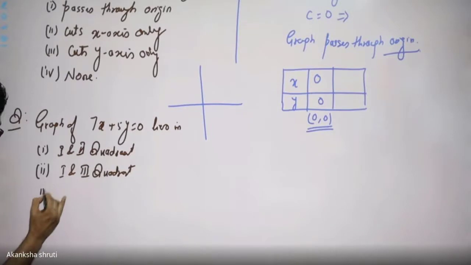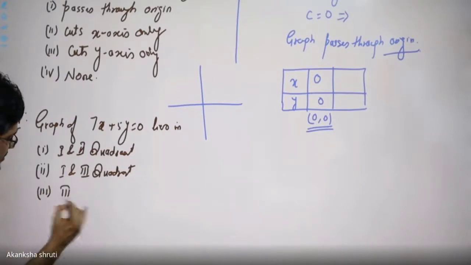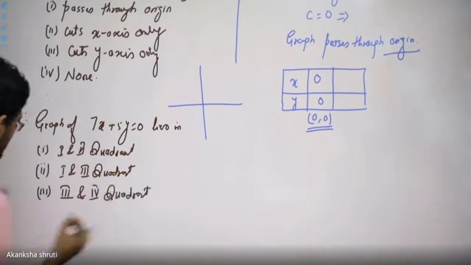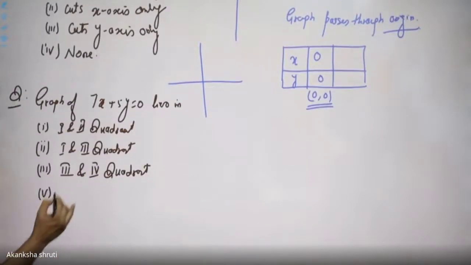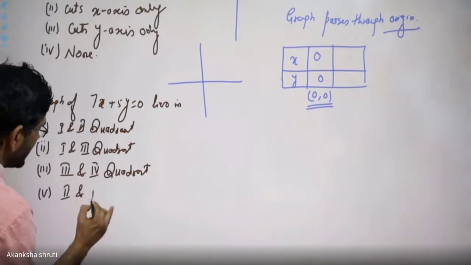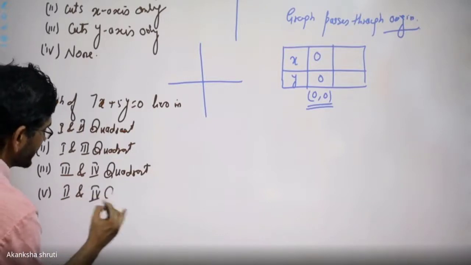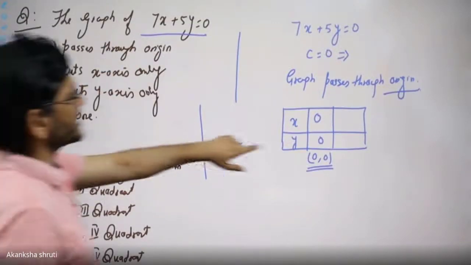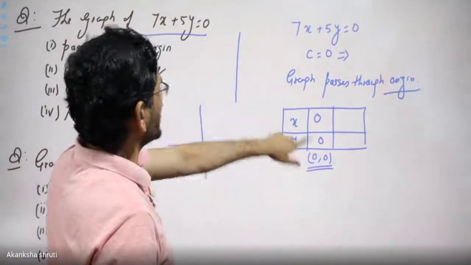Option 3: third and fourth quadrant. Option 4: second and fourth quadrant. So students, the first part just asked whether it is passing through the origin or not.